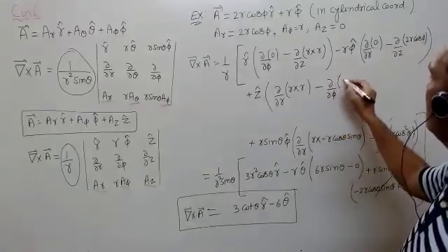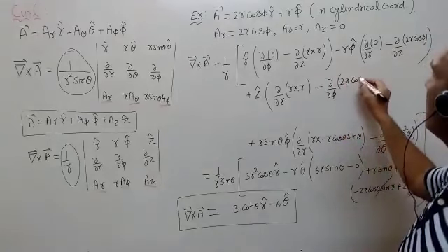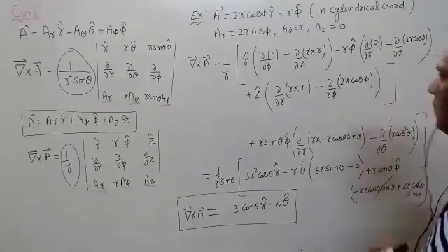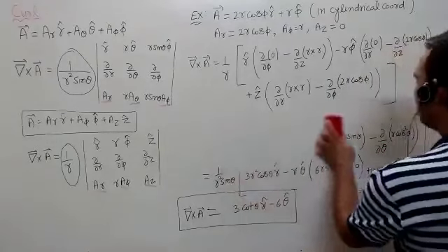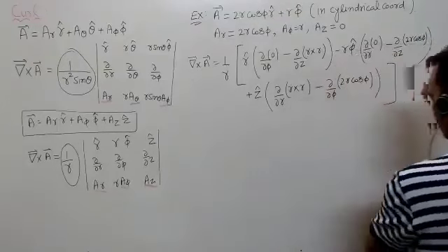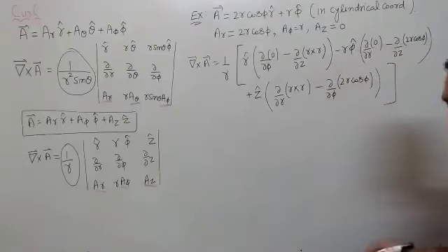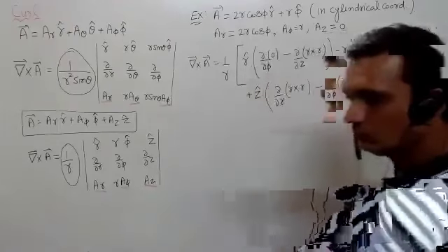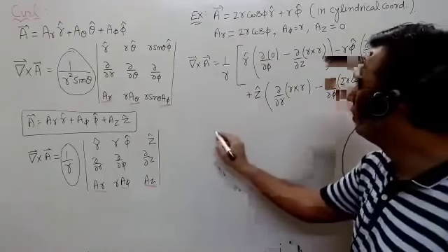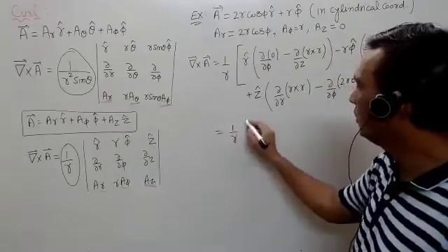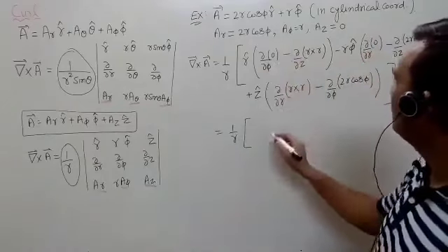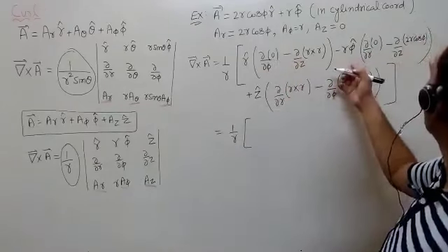AR is twice R cos phi. So this term will be 0 and this is also 0.